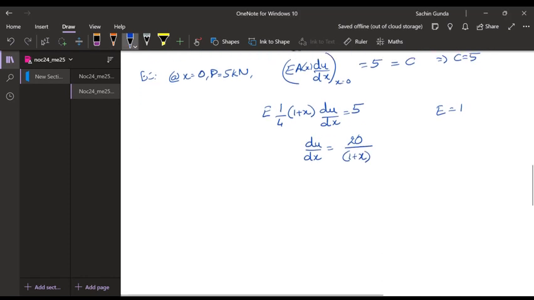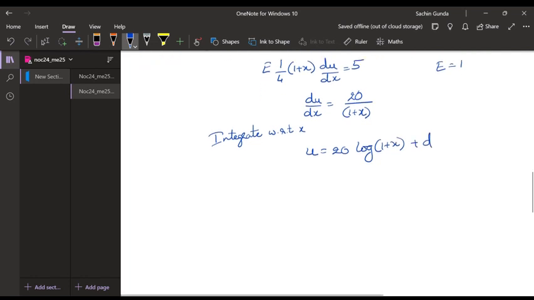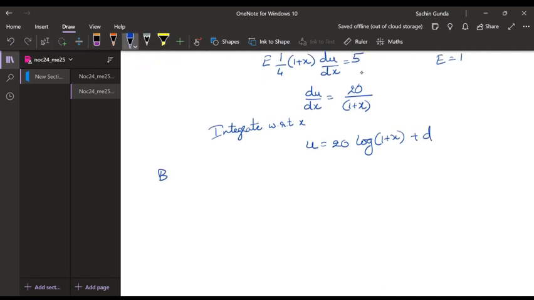So if you integrate with respect to x, you will get a solution of u, which is nothing but the integral of 1 over 1 plus x, which is log of 1 plus x, and obviously an integration constant. So you can use the other boundary condition at x equals 2, u equals 0.